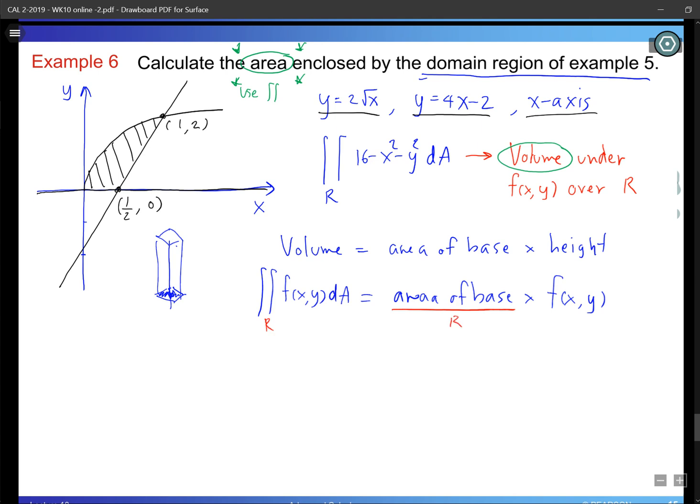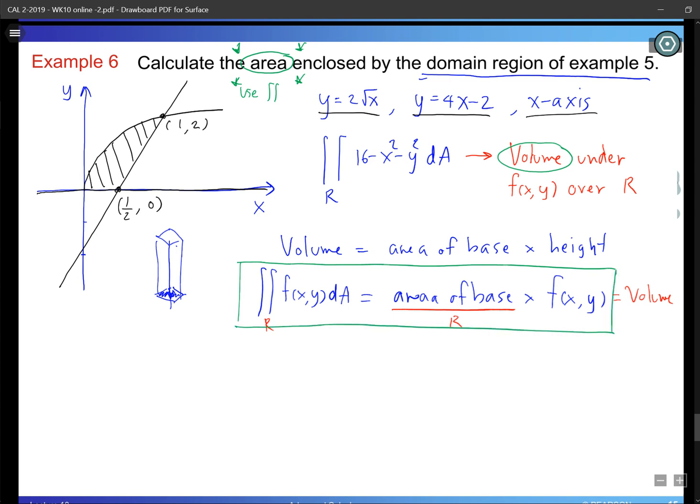And this is going to be equal to volume. But in this example, we don't want volume, we want area. So we are going to modify this expression to work with just the area.